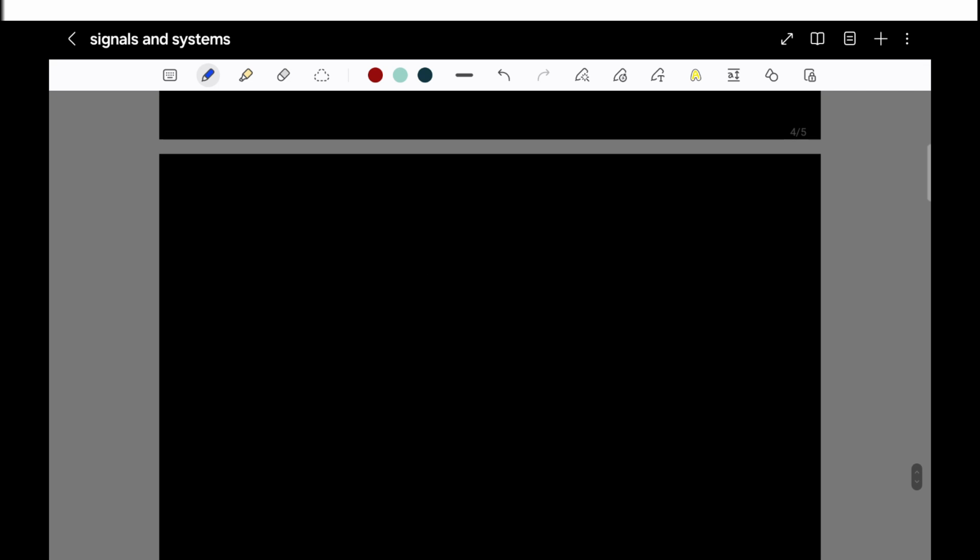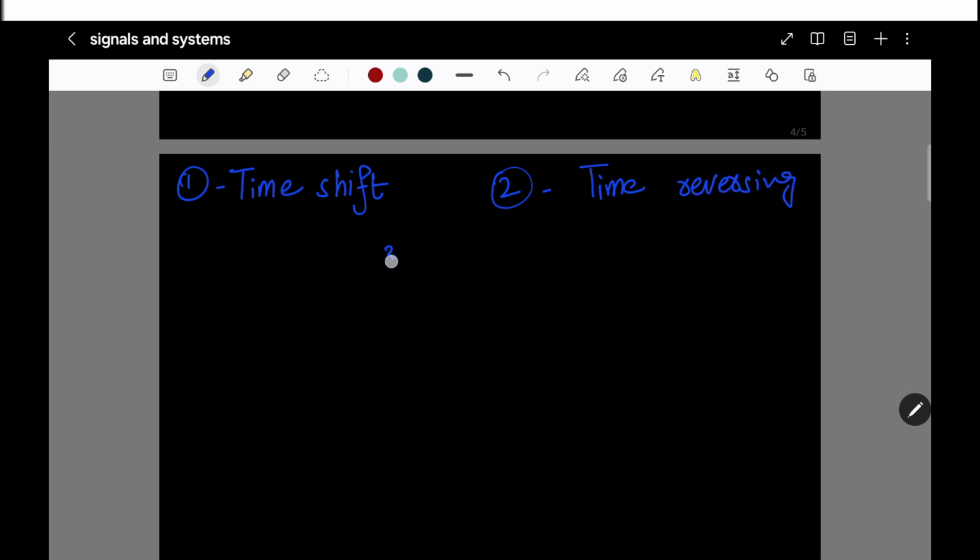So now let's look at the combination of these three things. We have seen time shift. The second thing was time reversing. And the third thing was time scaling.